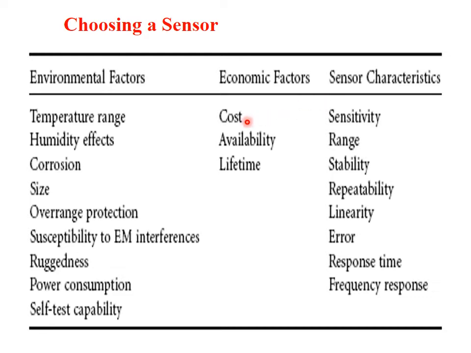Economic factors can be cost, availability and lifetime. Sensor characteristics can be further divided as sensitivity, range, stability, repeatability, linearity, error, response time, frequency response, etc.